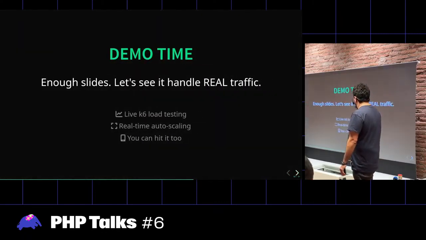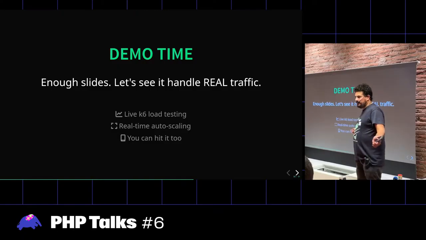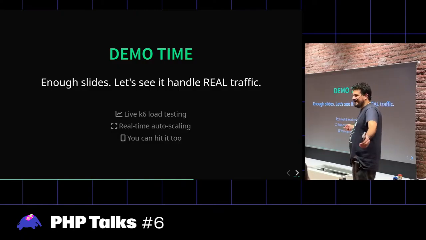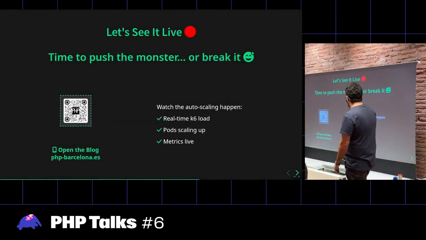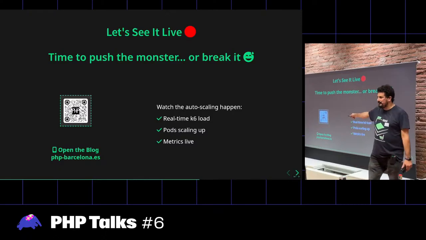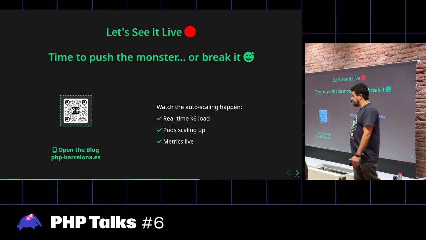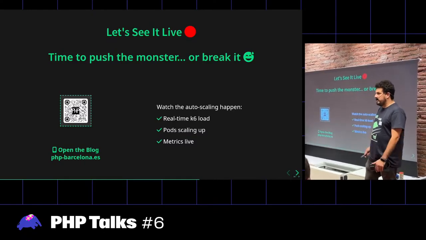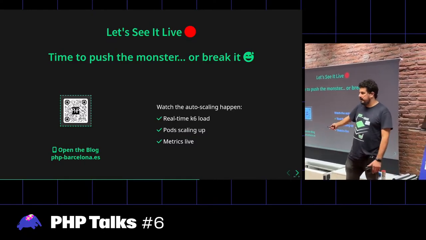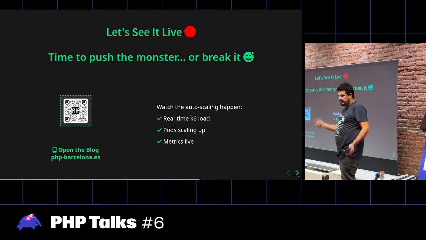So, demo time. Let's say you want to see the numbers for real. I want to hit my server. Yes or no? Yeah, thank you. So scan the QR code because we want to do it interactively. This is the blog, phpbarcelona.ts. The idea is I will turn on the test.